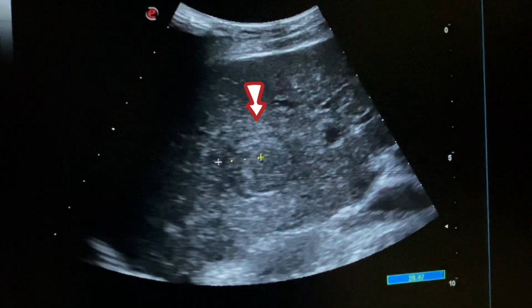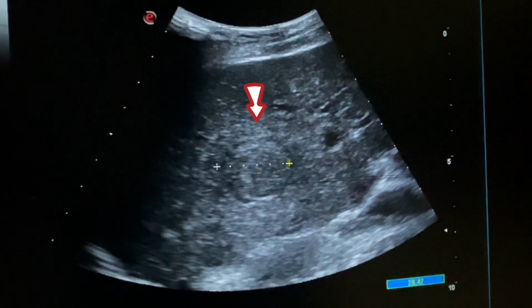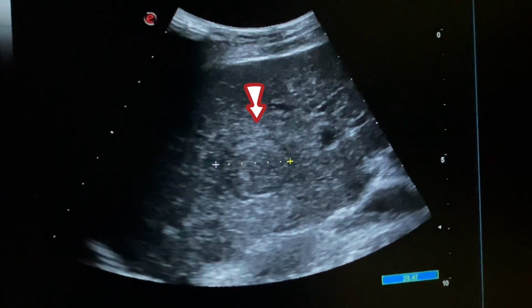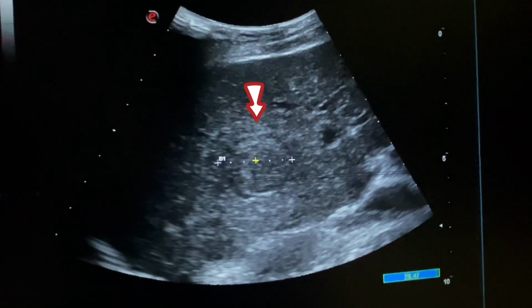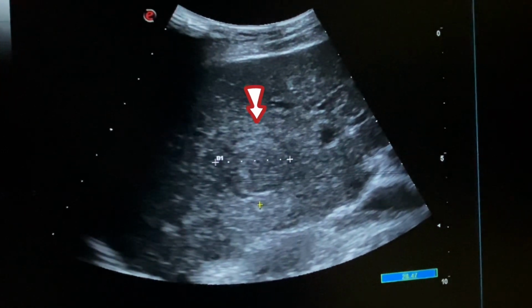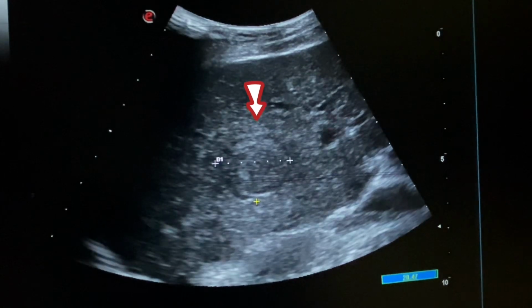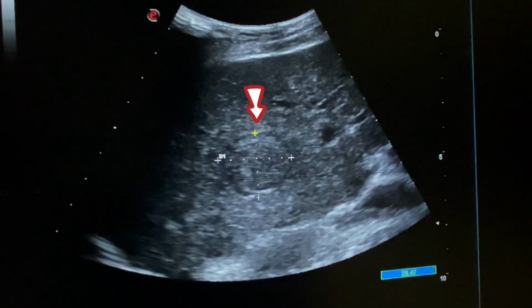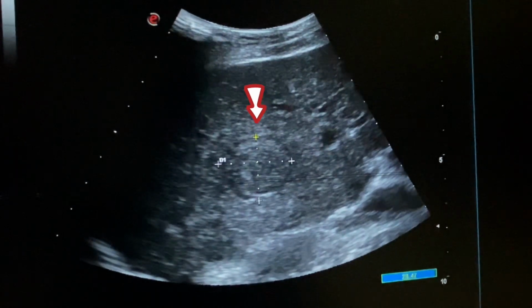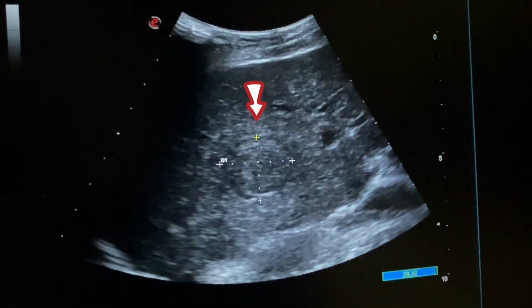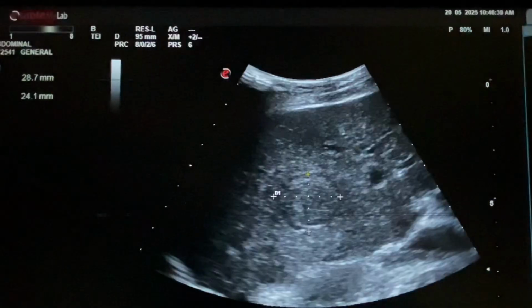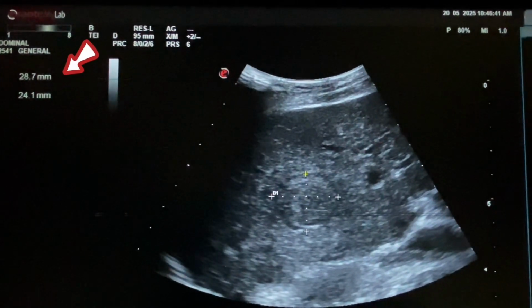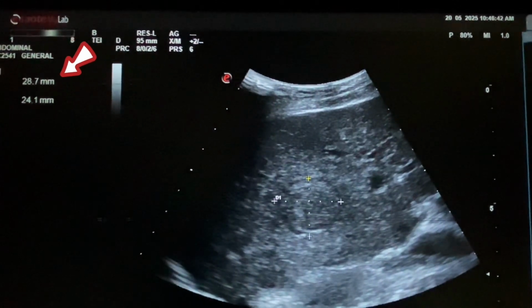Now we will measure the size of this mass. The size of this mass is 28.7 by 24 millimeters.